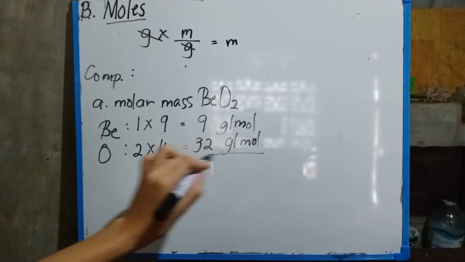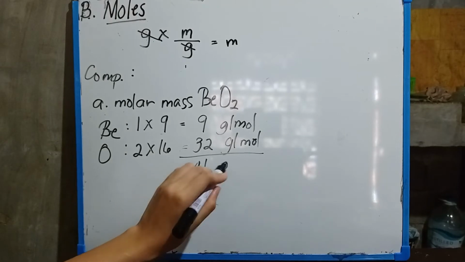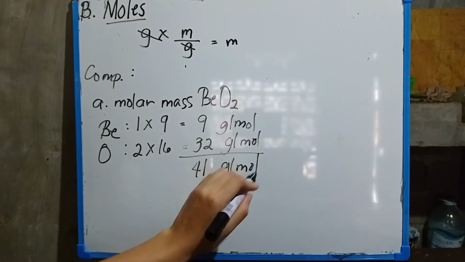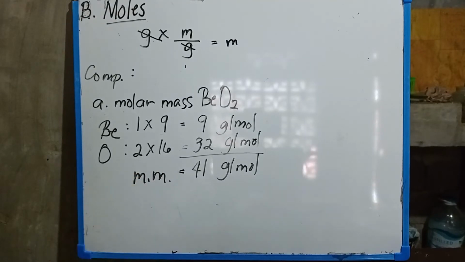So all we have to do is to add 9 plus 32. So it's equivalent to 41 grams per mole. So we now have our molar mass of the compound. So we can now proceed to getting the moles of the compound.